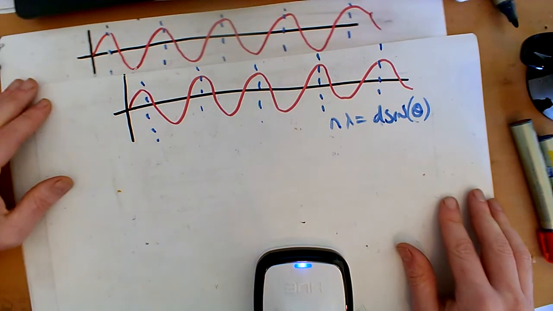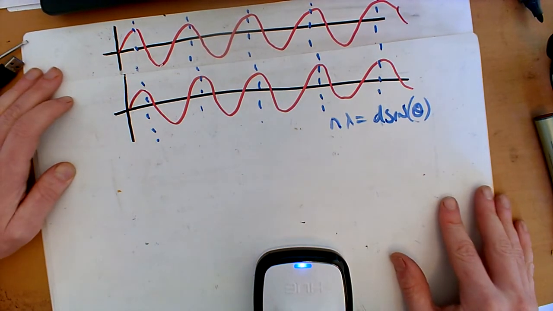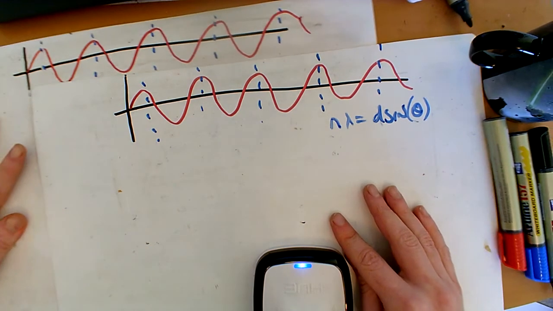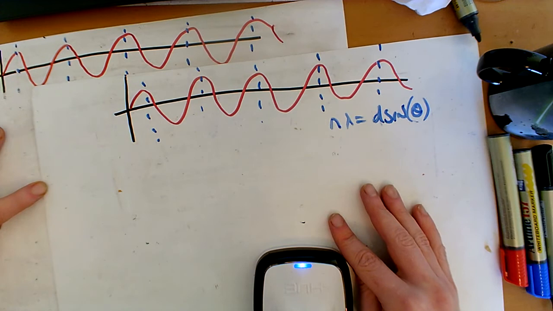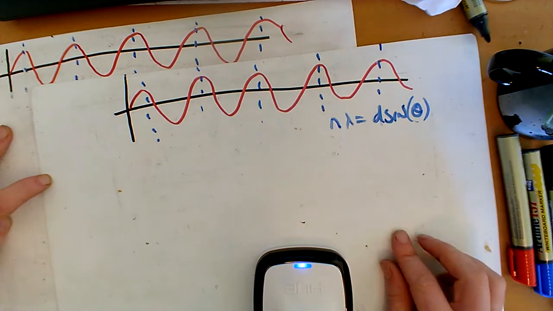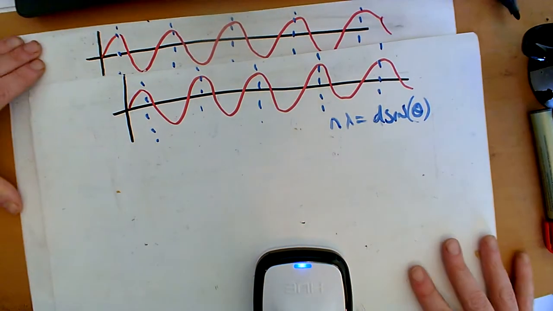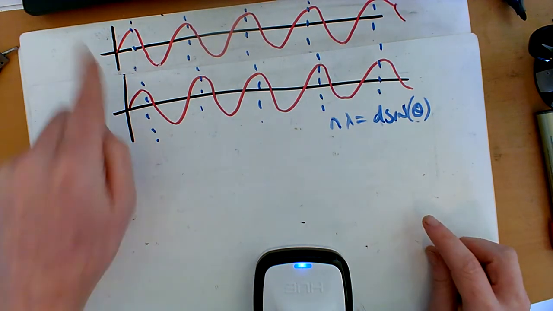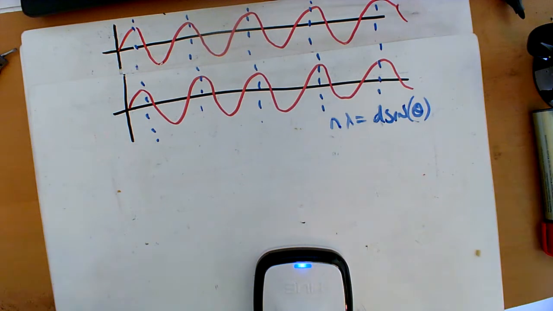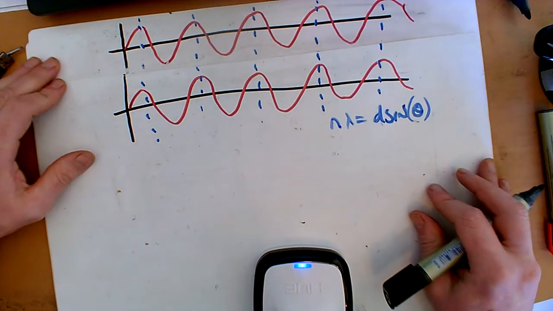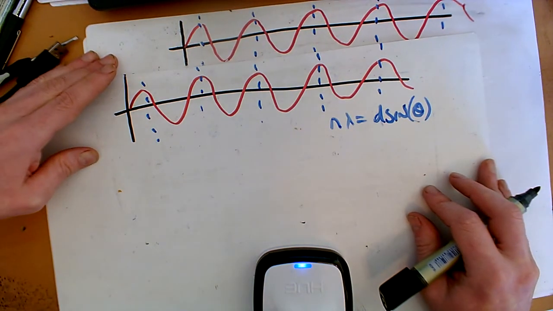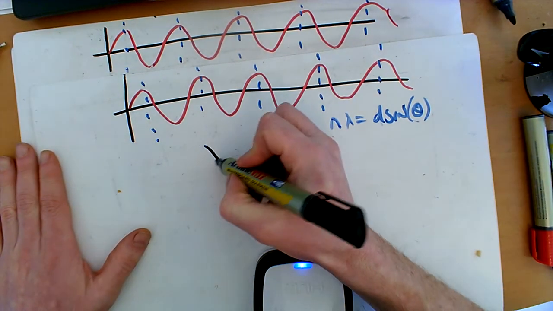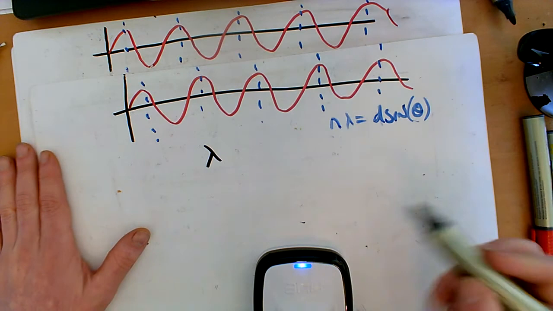If we have maximum constructive interference here and I move it one wavelength forward, we're going to have another, and I can do that again and have another maximum. So every time the path difference, the distance the wave has to travel, is an integer number of wavelengths, it works backwards the other way too, and we have constructive interference.